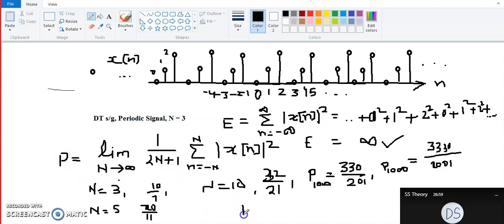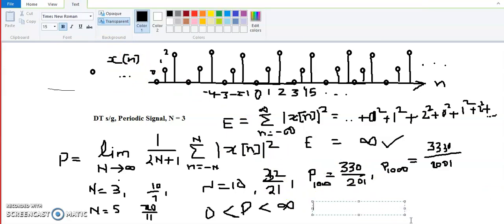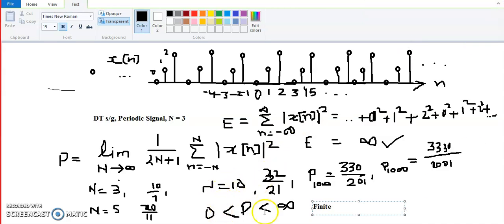The idea is, as the value of N tends to infinity, the power will be finite. The power will be finite for this signal. It will be in between 0 and infinity. This means there is no explosion of power.